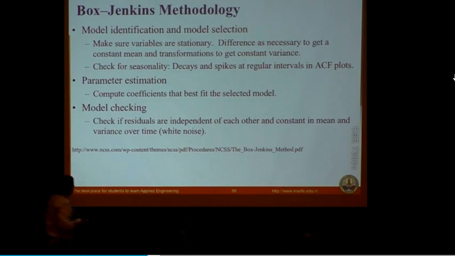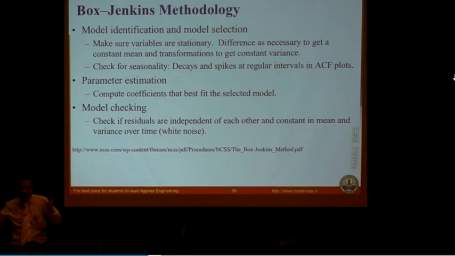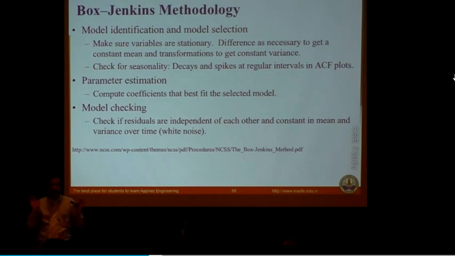Okay. So the Box-Jenkins methodology is that you first identify a model. We will see that, and that will be the highlight of this session basically. You first identify a rough model by looking at ACF, PACF, etc. But ACF and PACF on what?